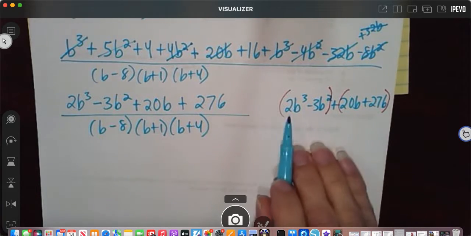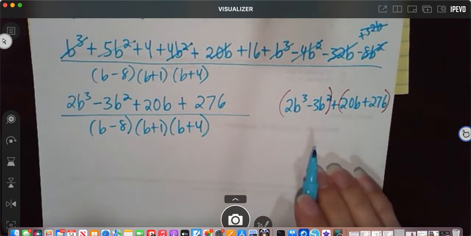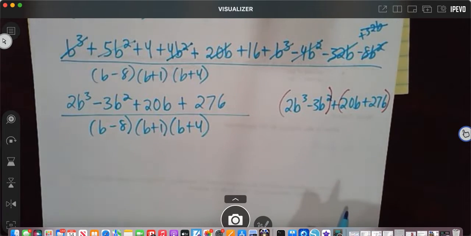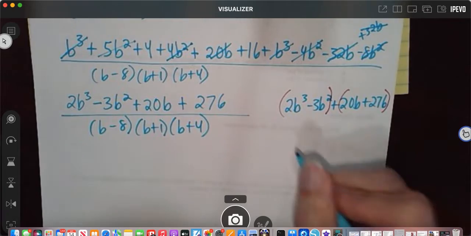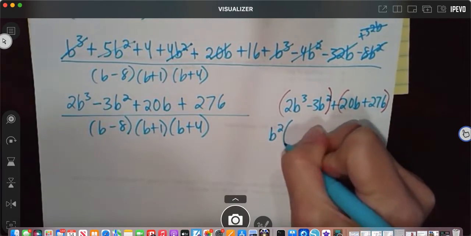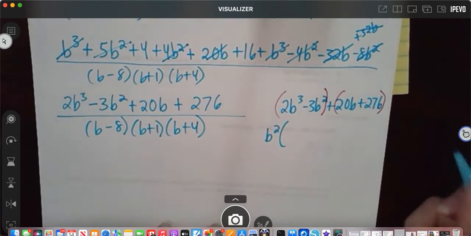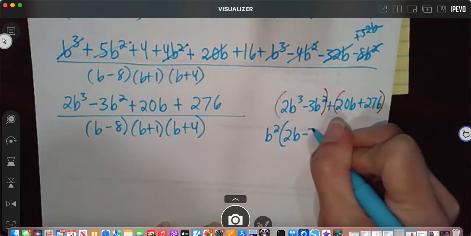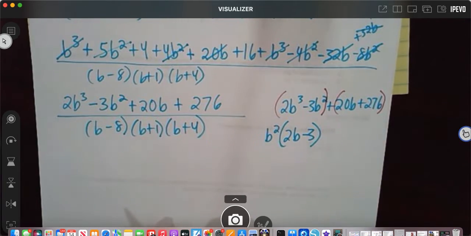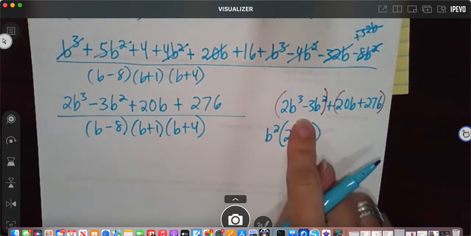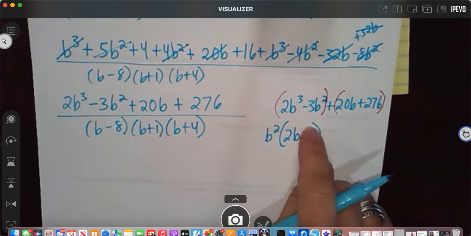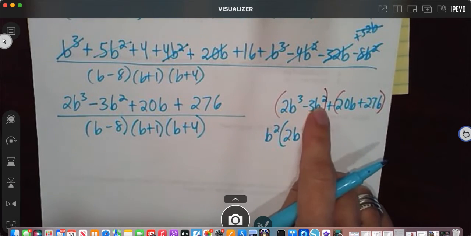What can I factor out of this one? 2. B squared. Thank you. B squared, so it's b squared really, it's not 2b's. But I've got b squared, and what's left over? We've done this before. It's been a while though. So this had a b squared and this had a b squared.